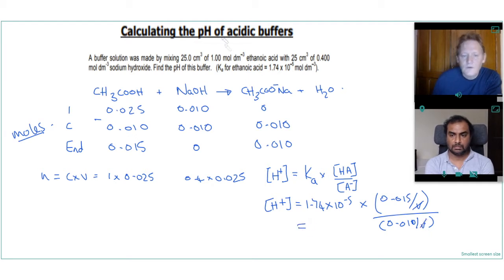And then that gives us 2.61 times 10 to the minus 5 for the concentration of H plus, and therefore pH is minus the log of that.